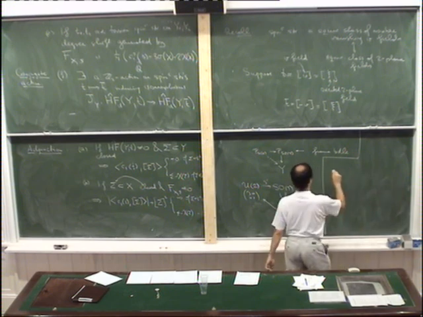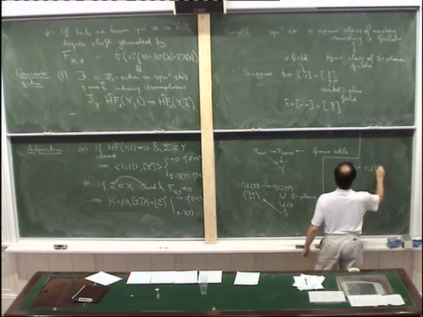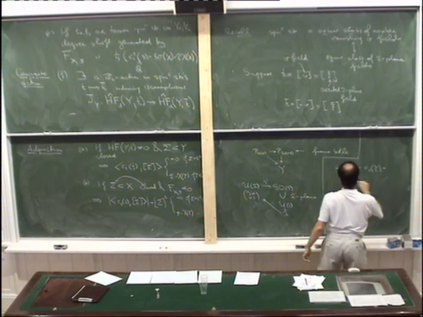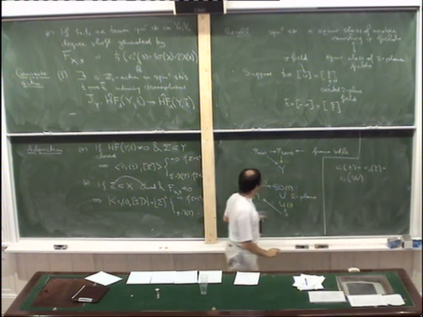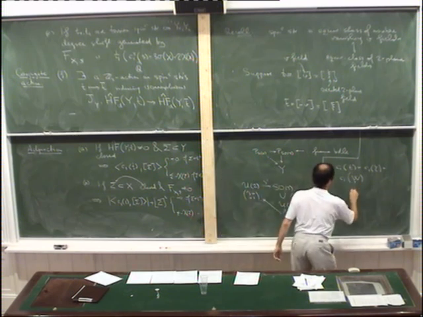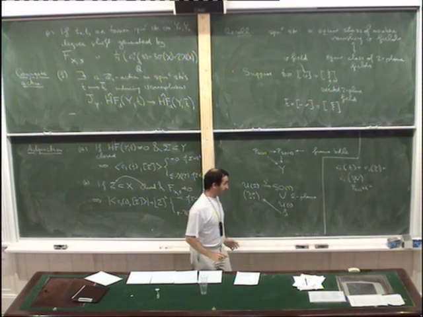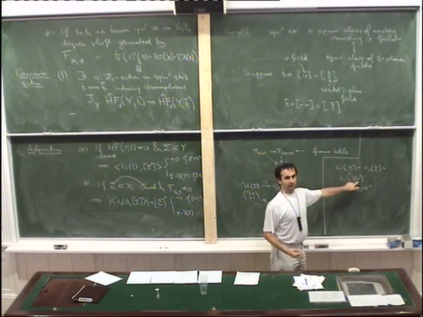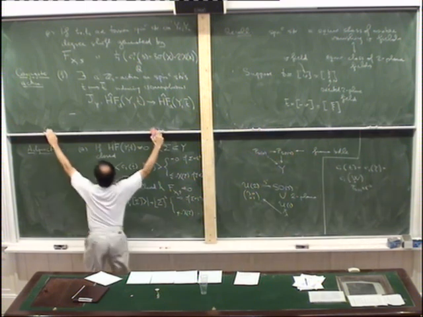So first of all, C1 of the spin C structure is the same as C1 of this two-plane field, which is the same as C1 of the corresponding C2 bundle. And we might ask, what does it mean for this invariant to vanish?